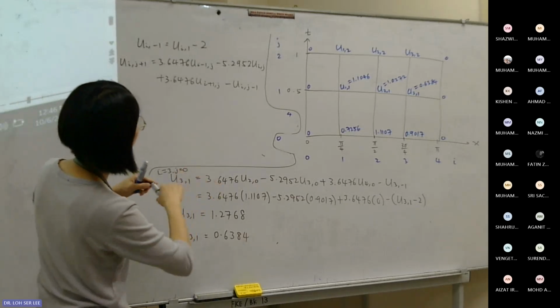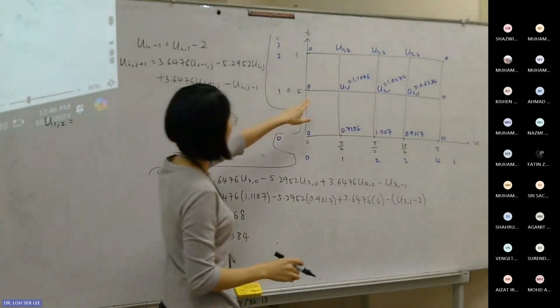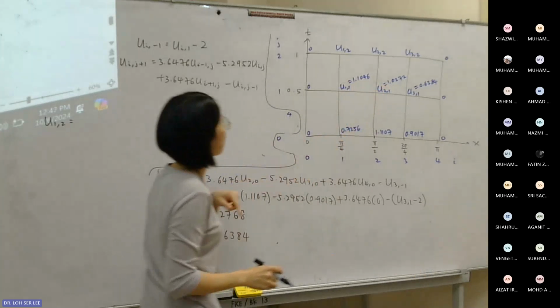Okay, so after the row, we just take the value directly. 1, 2, 3, 4.